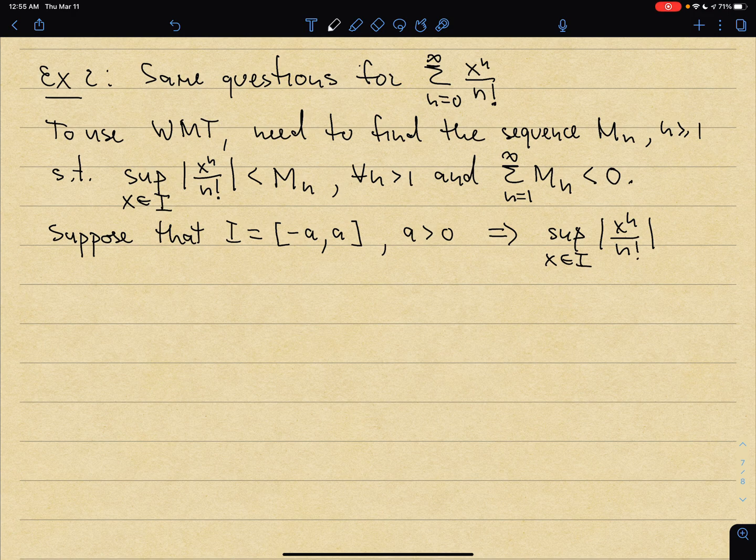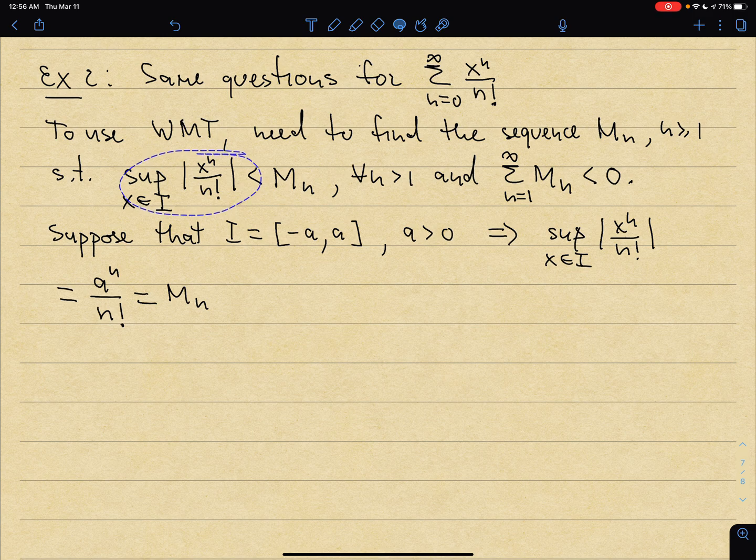Supremum is a maximum, again because of a closed interval. So this is equal to a to the n divided by n factorial. This suggests that I can use this number as M_n. So M_n is a to the n over n factorial. Certainly it's a positive number, so I found the upper bound on my sequence of functions.